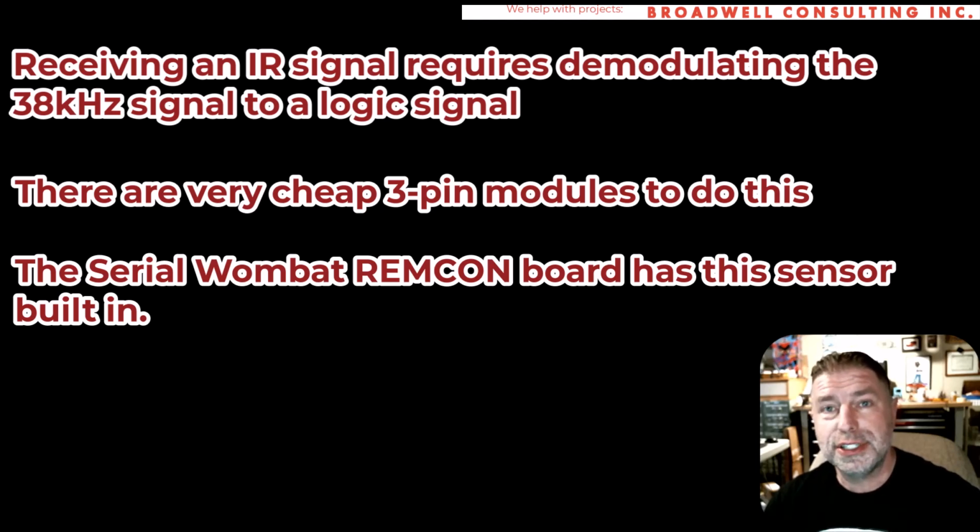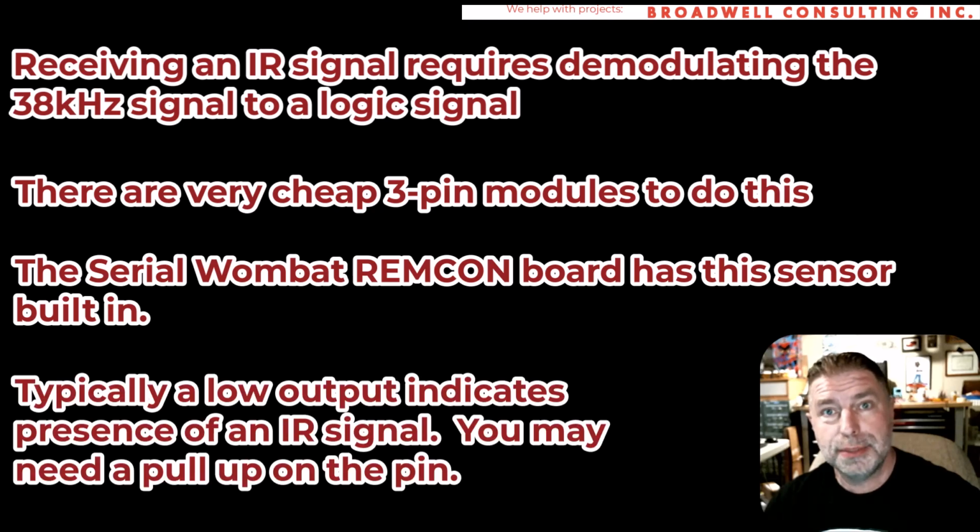These demodulators typically go low in the presence of a signal and sometimes are what are called open drain inputs, which means that they can pull a signal low but not high, in which case you need a pull-up resistor. This could be an external pull-up resistor, or it could be one of the pull-up resistors that are integrated into the port of your microcontroller.